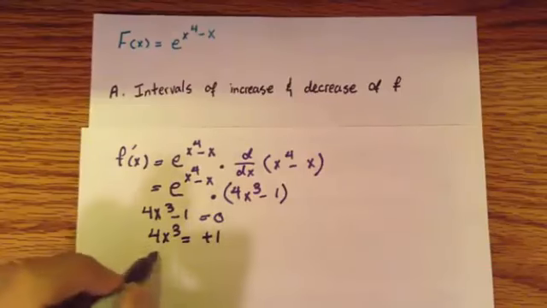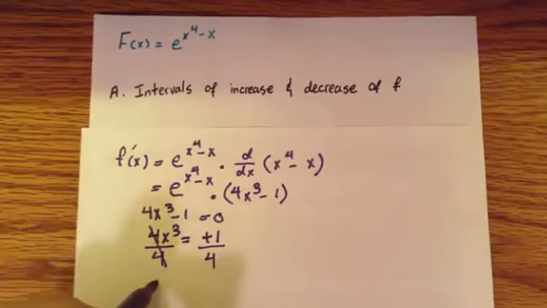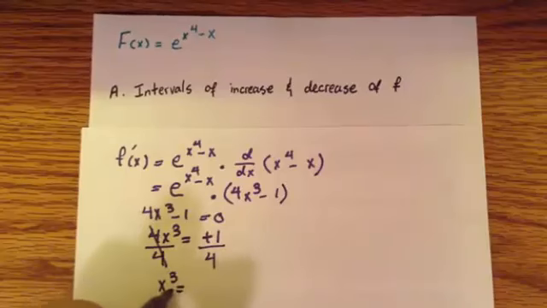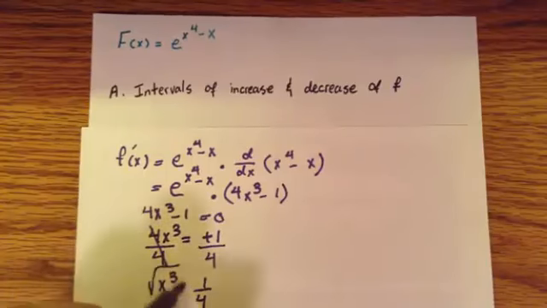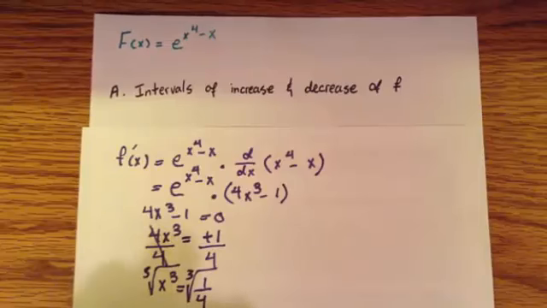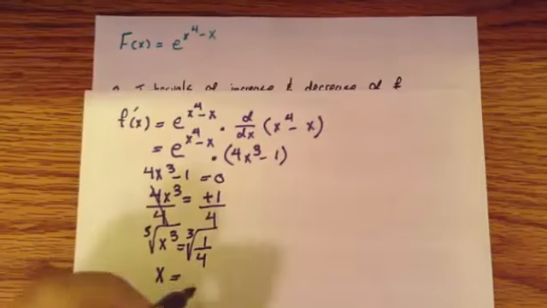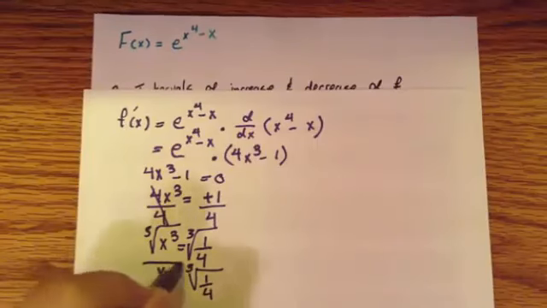Then we divide both sides by 4, so 4 and 4 cancel out, and we have x cubed equals 1 over 4. In order to get x, we take the cube root of both sides, so x equals the cube root of 1 over 4.